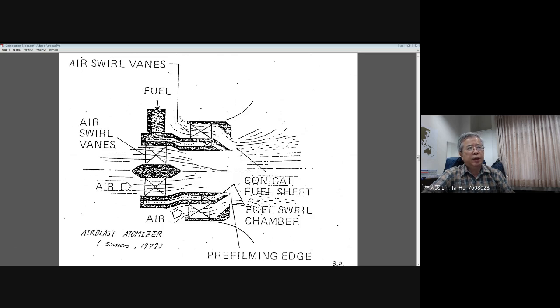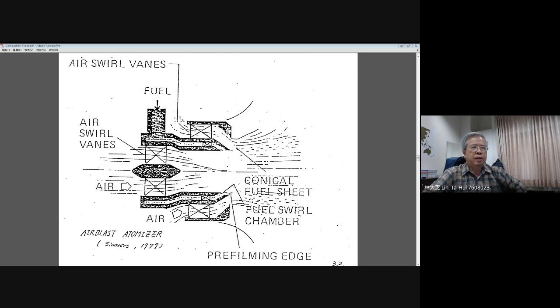Air is coming from this line. There is the primary air around the center jet, and the other one, the secondary swirling air, will move from the outer flow, and they will have additional mixing in the outer region of the exit plane. Then this is the outer mixing.